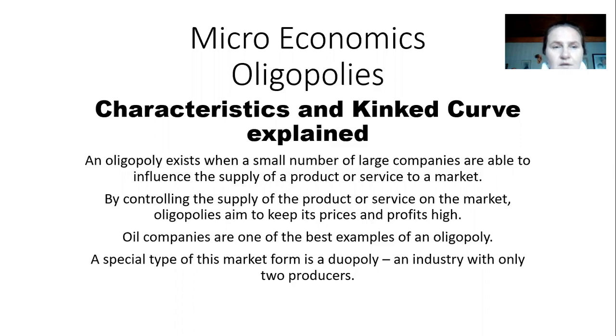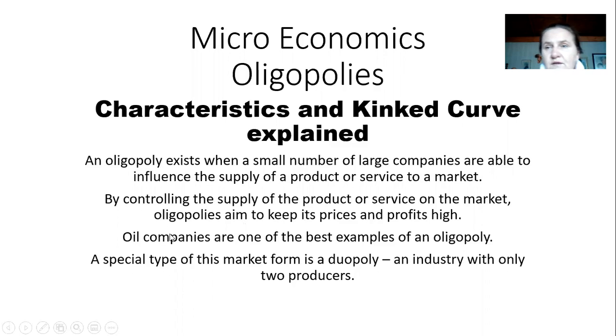So an oligopoly is when you've got a few or a small number of large companies that influence the supply of the product or service in the market. Right. So they can control the supply, and therefore, because they're controlling the quantity, they can also influence the price and the profit.